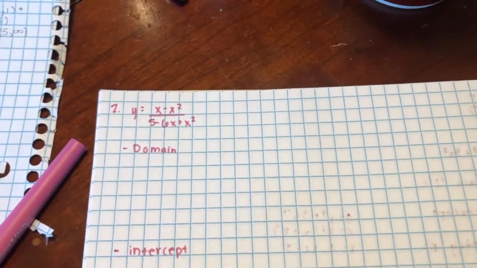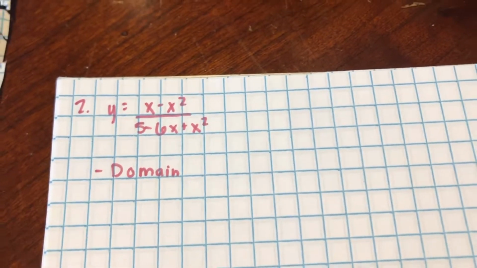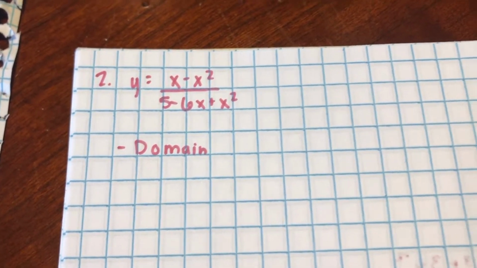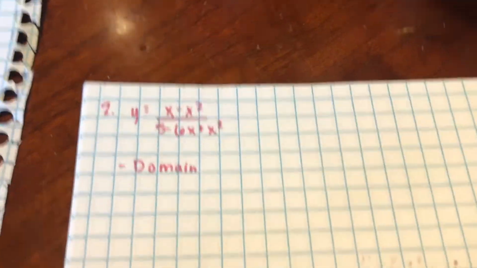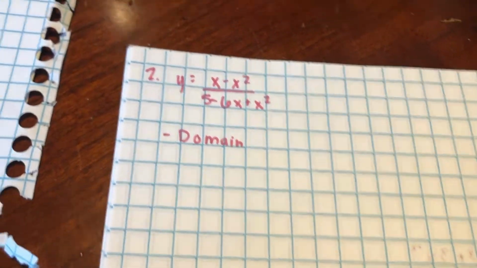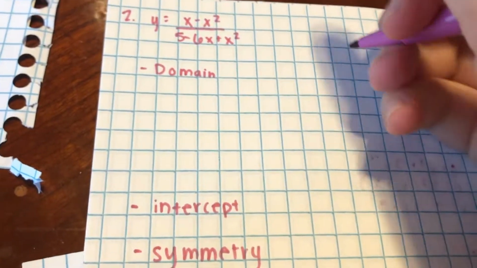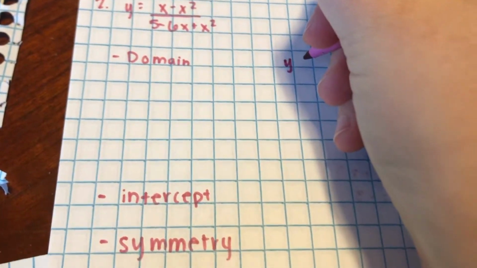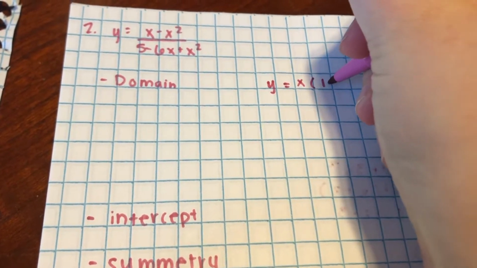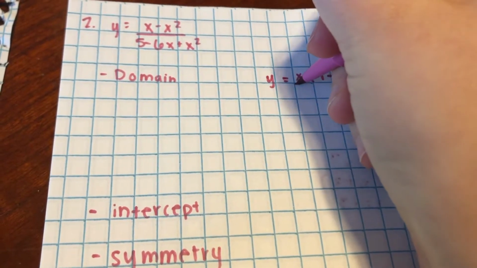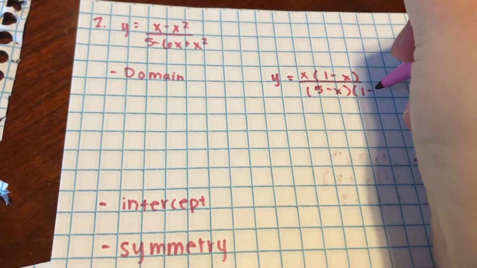For our second example of this section, we have the function y equals (x minus x squared) over (5 minus 6x plus x squared). So to find our domain, we're going to break it apart a little bit. So we have y equals x times the quantity (1 minus x) all over (5 minus x) and (1 minus x).